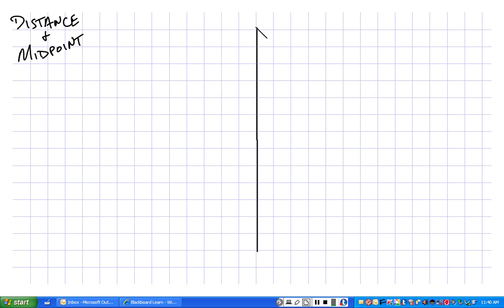That's going to be our y-axis, and then we have our x-axis. So our x and our y, and I know this y-axis is a little bit off the line, but just pretend that it's actually on the line.